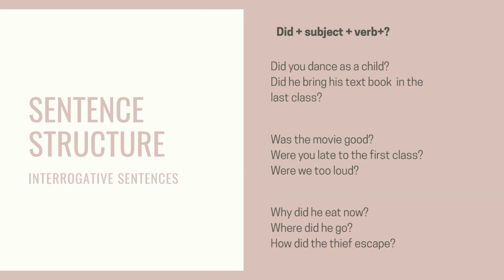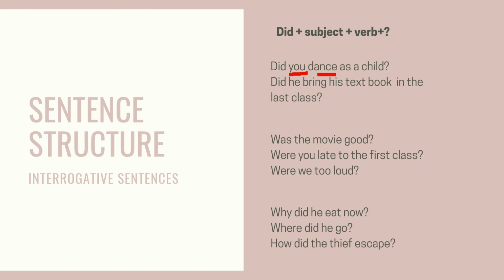The sentence structure for interrogative sentences can be of three types. The first type, when there is a main verb, we start the interrogative sentence with did. So did plus the subject, which is you in this first sentence, and then the main verb, which is in the present form.